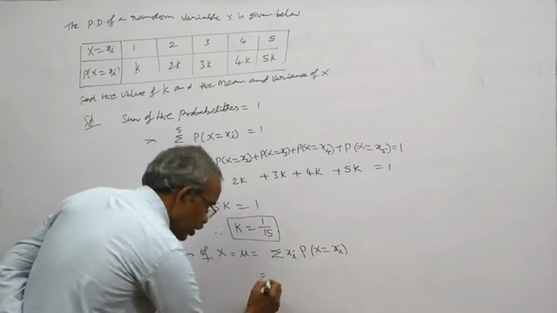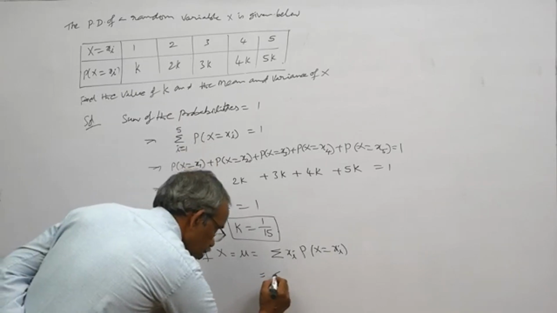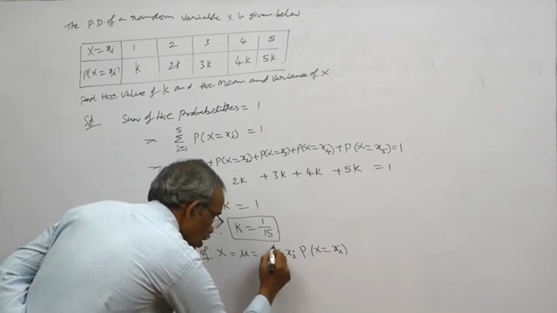Sigma xi into probability of X equal to xi, where i is equal to 1 to 5.